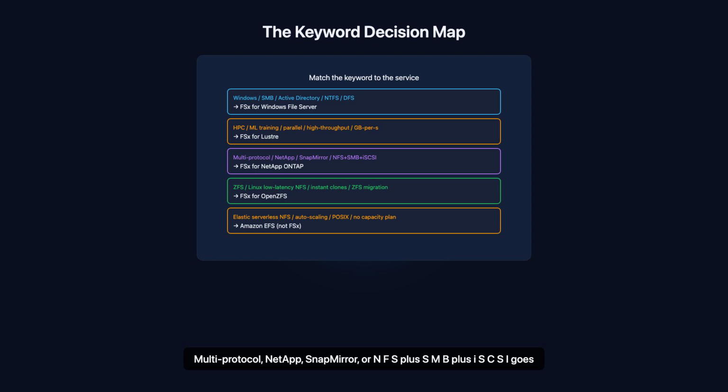Multi-protocol, NetApp, SnapMirror or NFS plus SMB plus iSCSI goes to FSx for NetApp ONTAP. ZFS, Linux low-latency NFS, instant clones, or ZFS migration goes to FSx for OpenZFS. And the fifth line is the one people forget. Elastic, serverless NFS with auto-scaling and no capacity planning is Amazon EFS, not FSx at all.